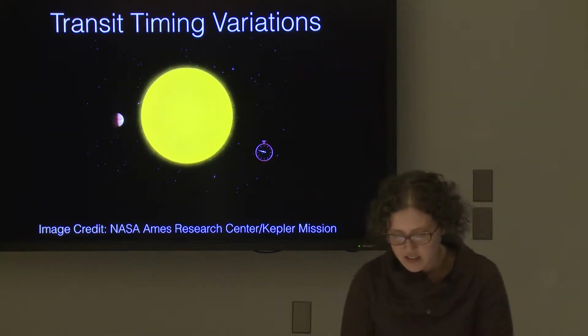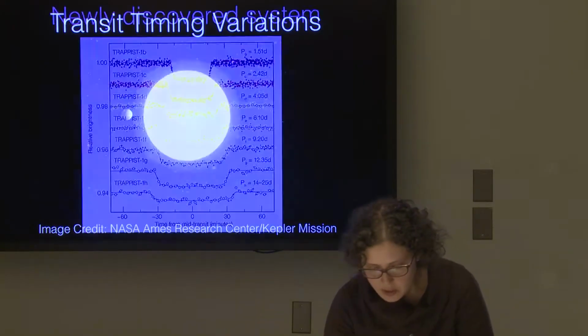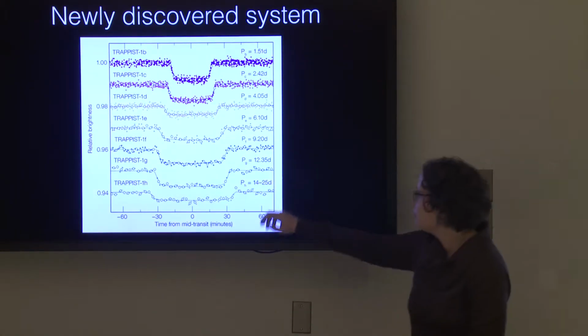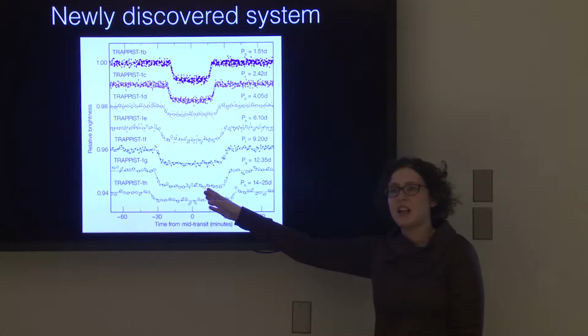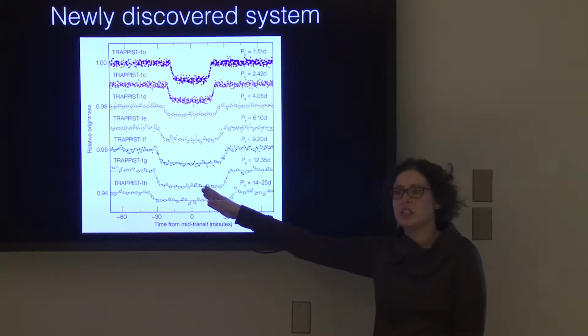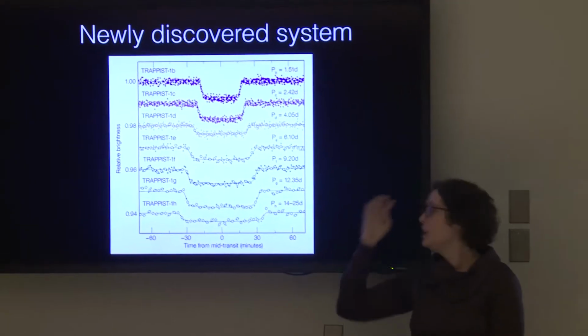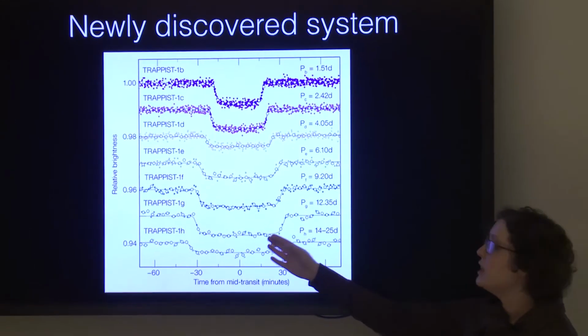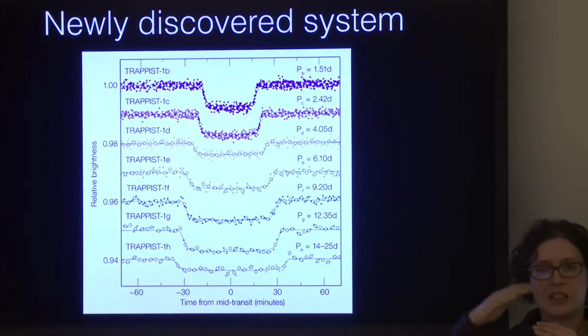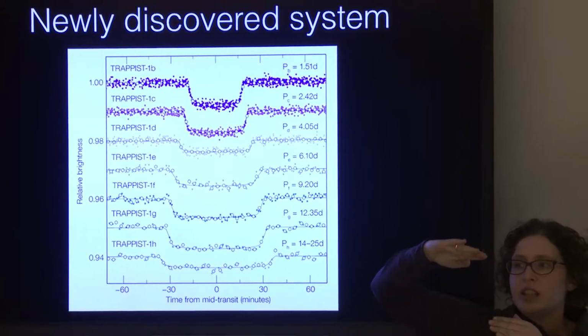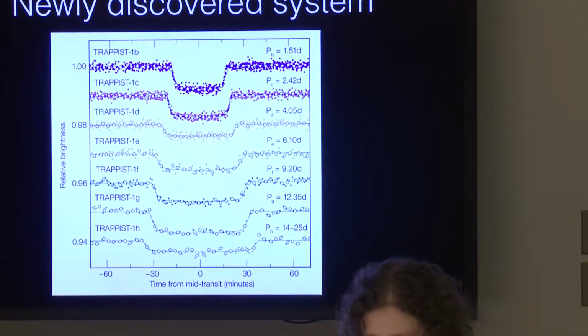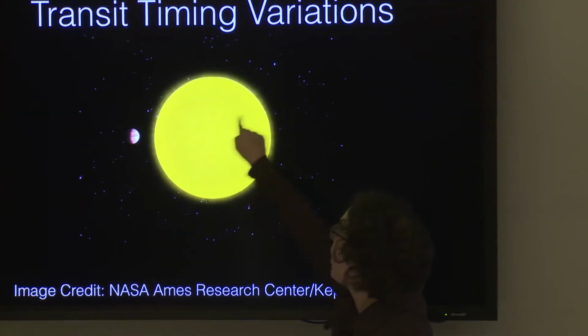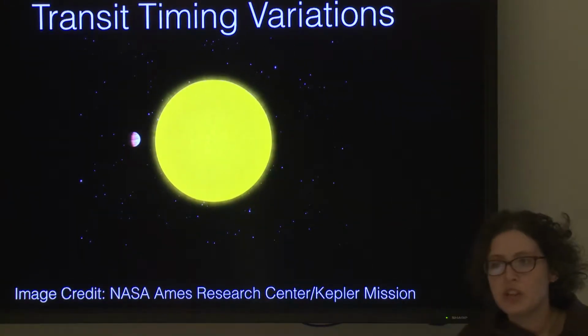So this is definitely a challenge in that we don't just need to detect this signal. We want to measure exactly where the central time is and see if it's shifted from transit to transit. And sometimes we also want to see whether the planet is slowly getting tilted and going across different chords of the star. That's a transit duration variation.